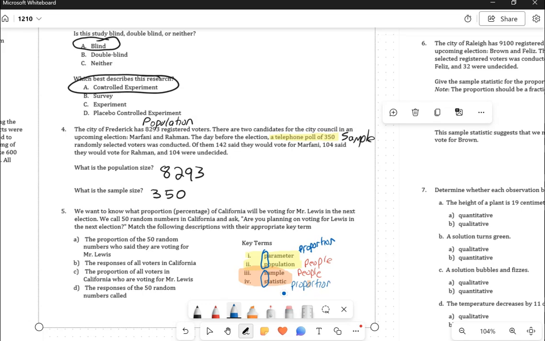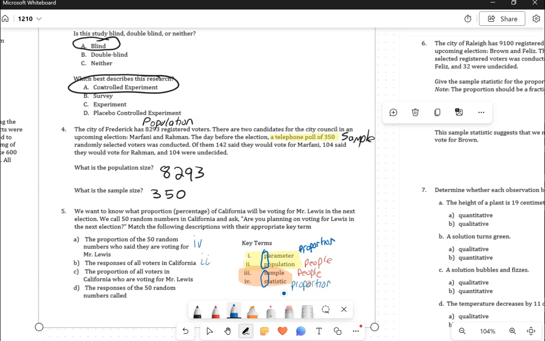Okay, so the proportion of the 50 random numbers who said they're voting, that would be the statistic. The responses of all voters, that would be the parameter. The proportion of all voters, hold on, no, I'm wrong. The responses of all voters, that's the entire population.